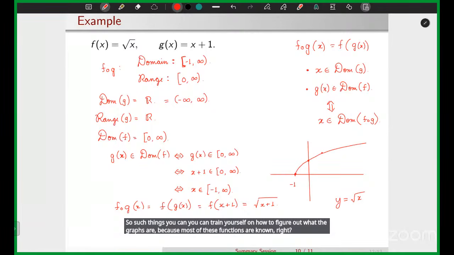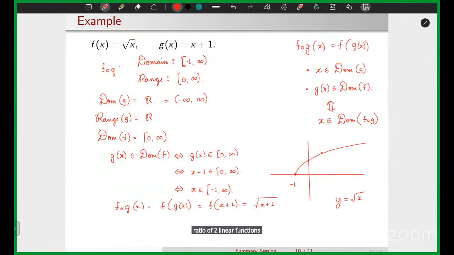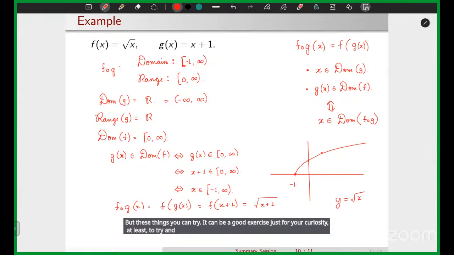It's polynomial functions. Now, if it's some ratio of two linear functions, all that is not that easy to plot. But these things you can try. It can be a good exercise just for your curiosity, at least, to try and plot the graphs of the functions that you encounter.